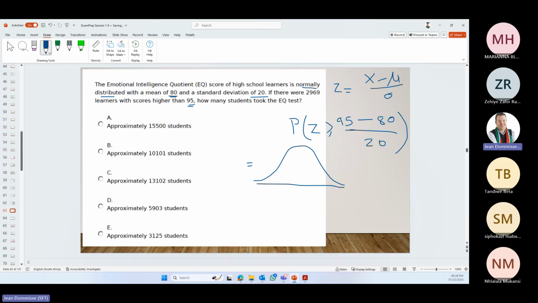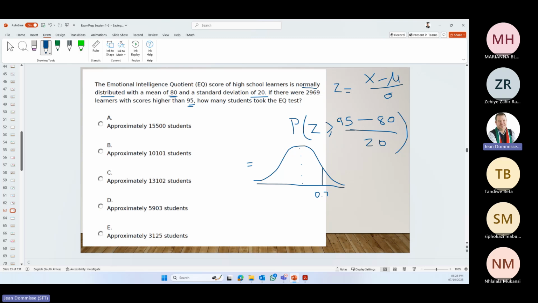What's the probability of scores higher than 95? If we work that out, again, 95 minus 80, where's my calculator? 95 minus 80 to get the top is 15. 15 divided by 20 is 0.75.